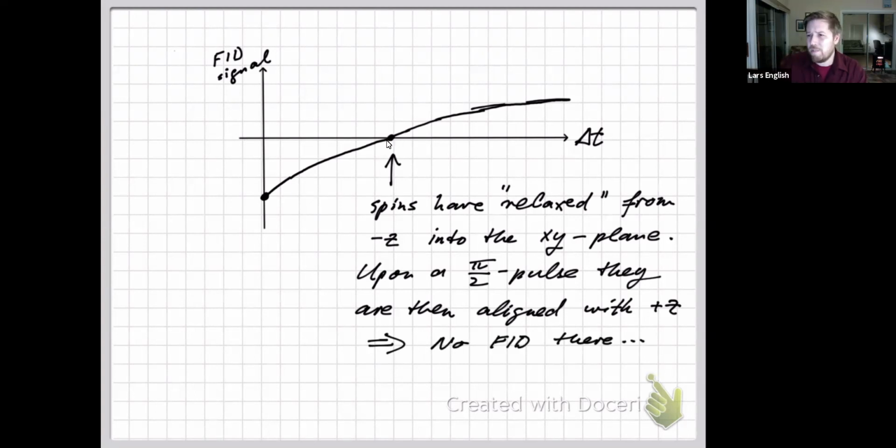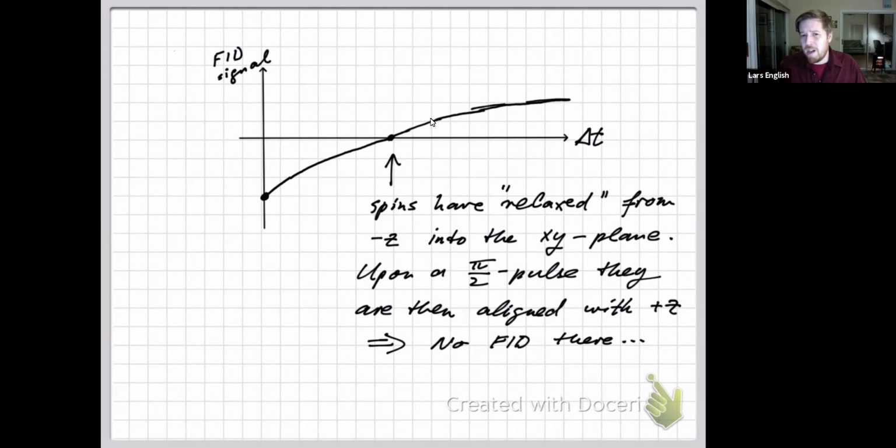But then, of course, if you give the spins even more time, then they will now be above the xy plane. Now you're hitting it again with a pi/2 pulse, and you're going to overshoot the plus z-axis, and we should then get an FID signal again. And so we're crossing through here the time axis and emerge on the other side.